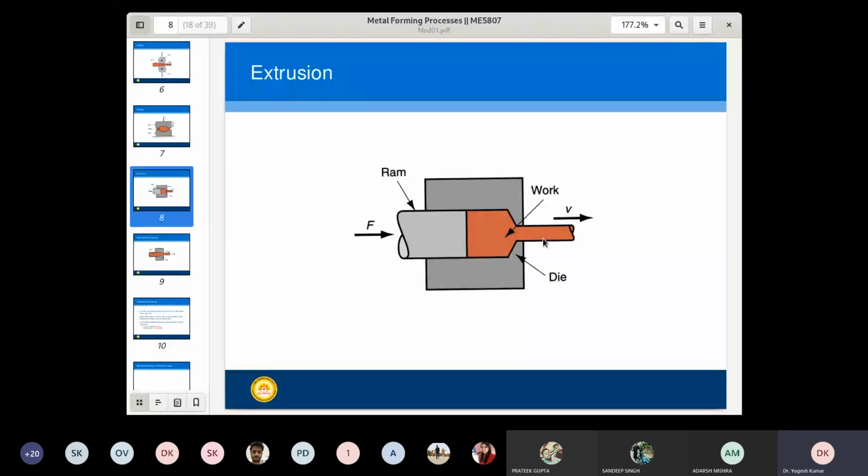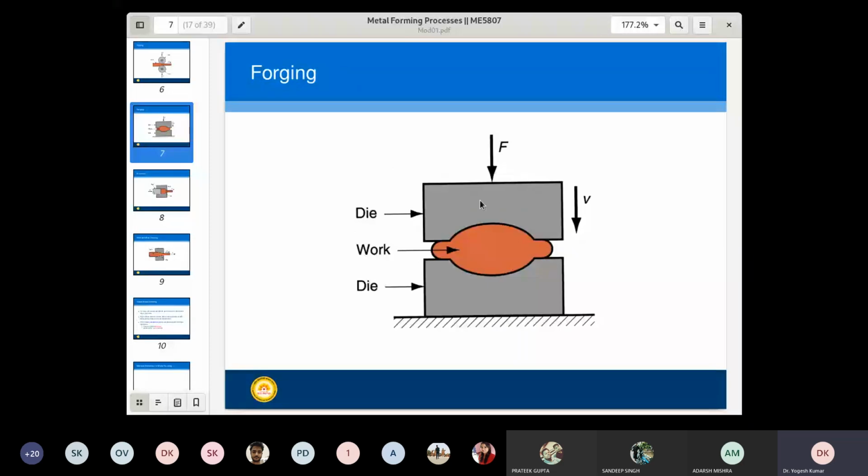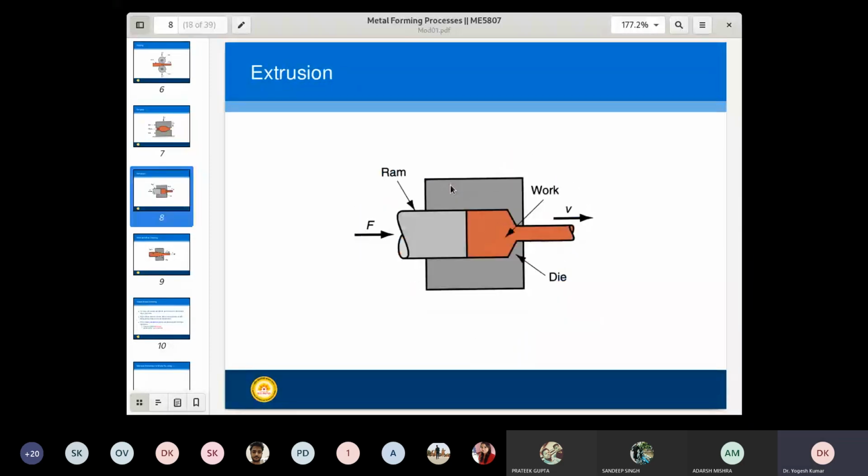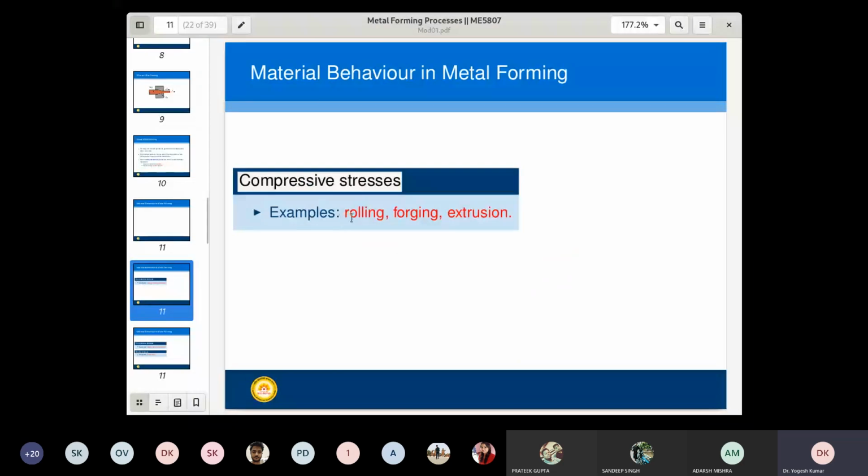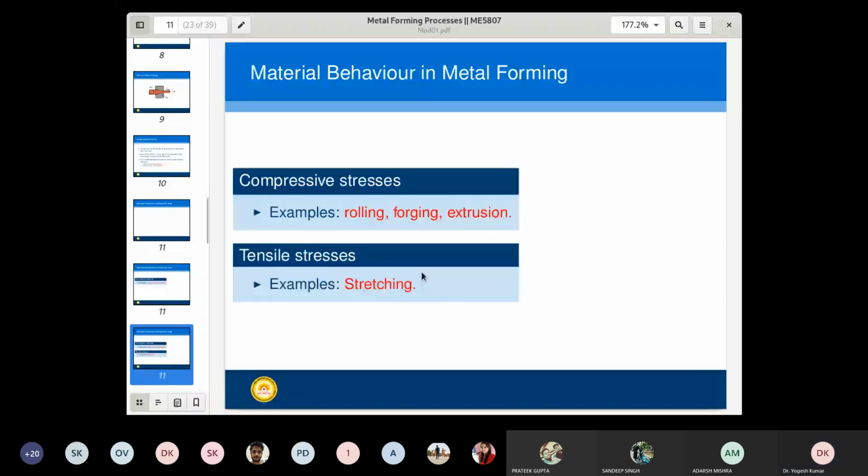So under rolling, forging, and extrusion, compressive stresses are developed. Now we have another, under stretching.